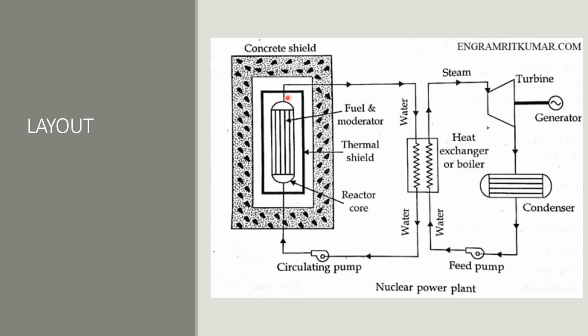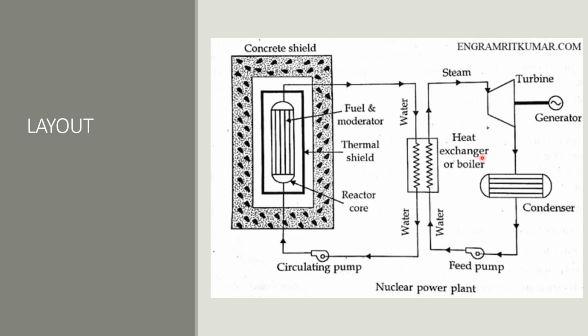The heat produced over here is used for heating the water, and the heat energy of the water is exchanged by the heat exchanger, or you can say a boiler, and goes into the turbine, then to the generator, and then to the condenser and the feed pump.